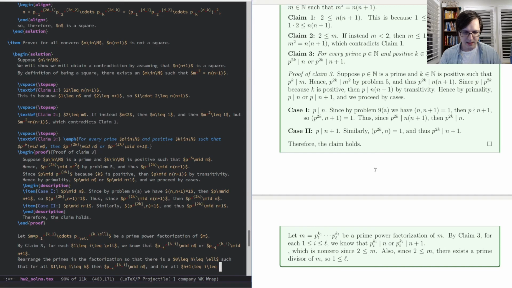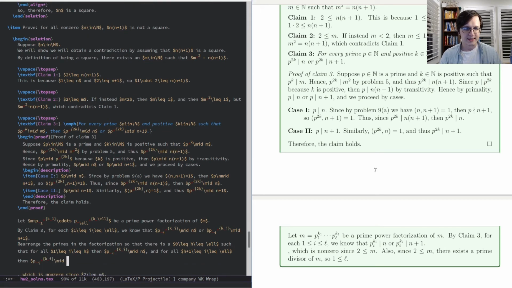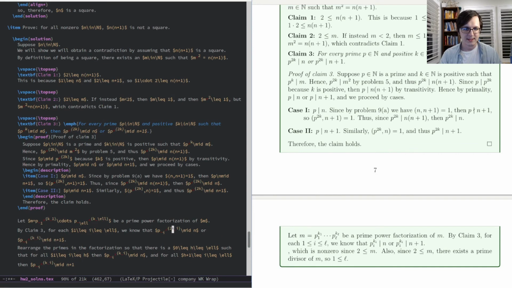Yeah, we'll talk about that in a moment. Less than or equal to L, then p_i to the k_i divides n plus 1. Also, I forgot some 2's. Let's put all those 2's in. Let's see what this looks like.